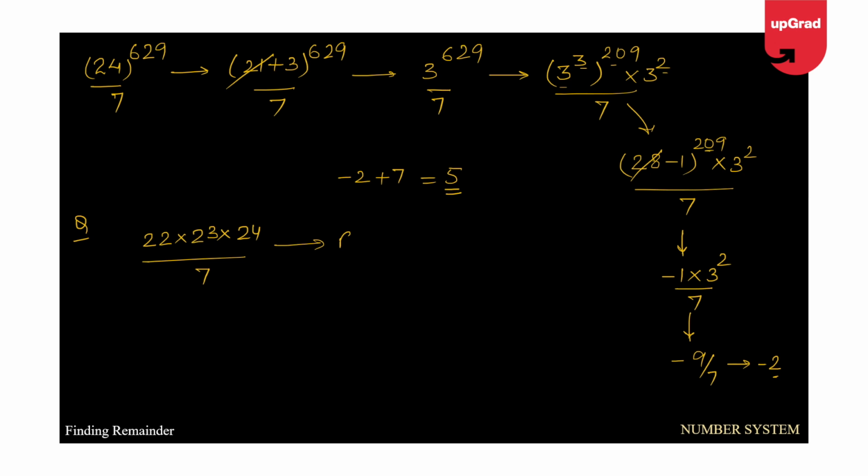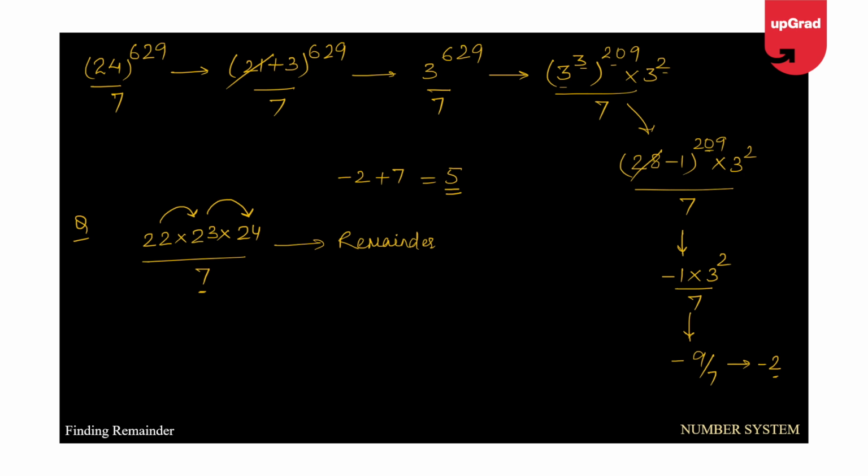Now, most of the students start multiplying these values, 22 multiplied by 23 and the final value multiplied by 24, and then they divide the complete value by 7 to get the remainder. Please understand, this approach is a tedious approach, and ideally we are wasting enough time in solving this silly question.